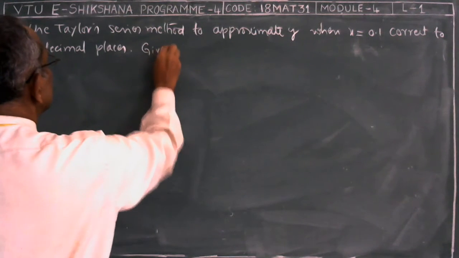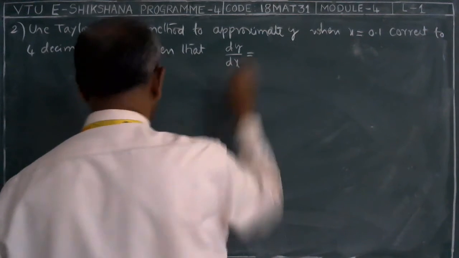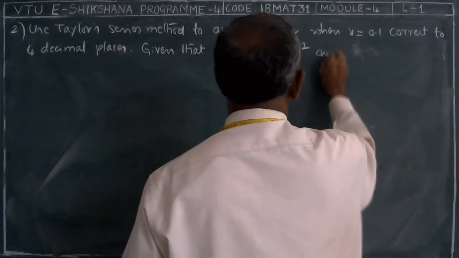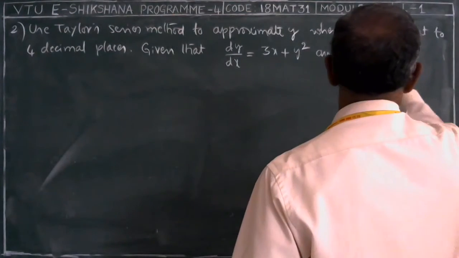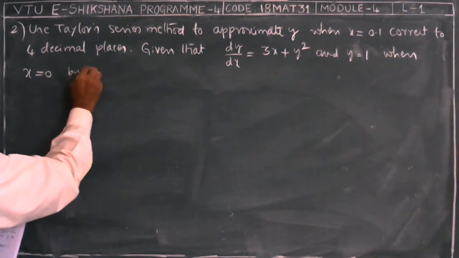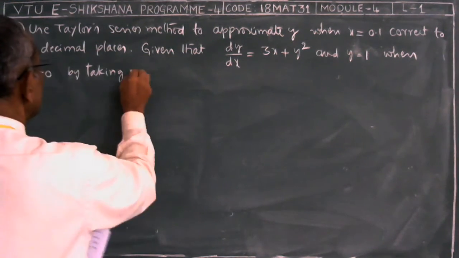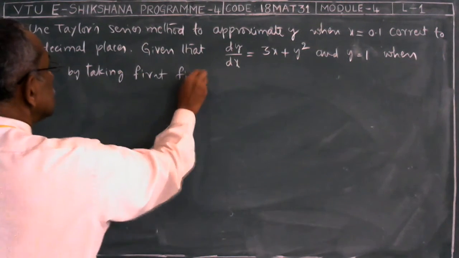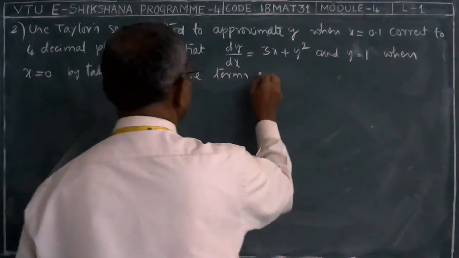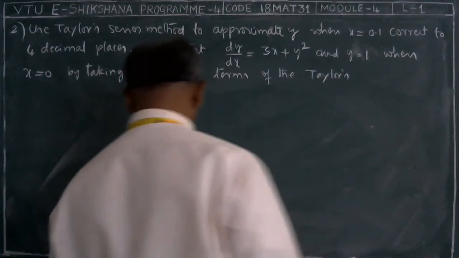Given that dy by dx is equal to 3x plus y square, and y is equal to 1 when x is equal to 0, by taking the first 5 terms of the Taylor series expansion.